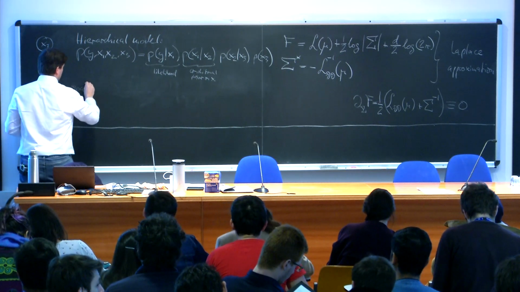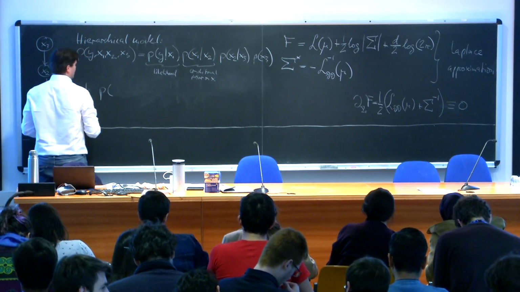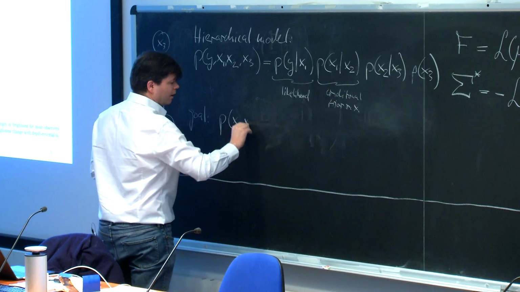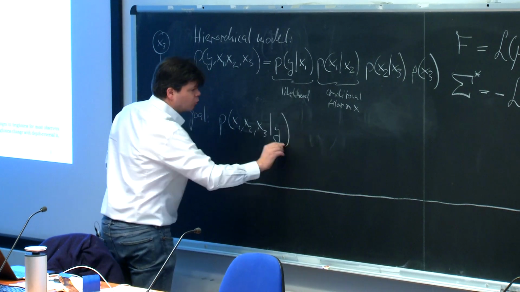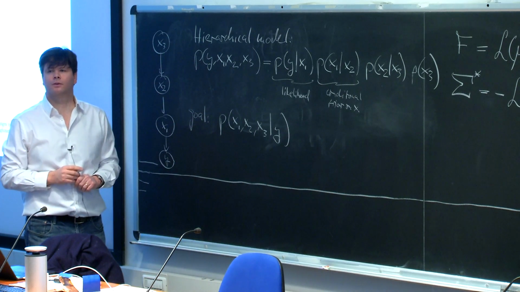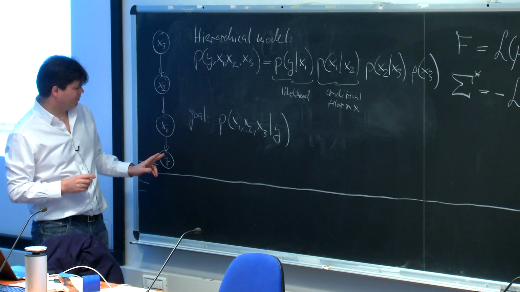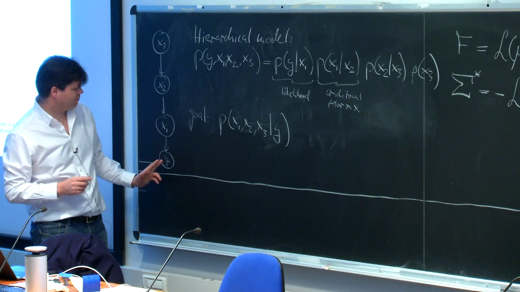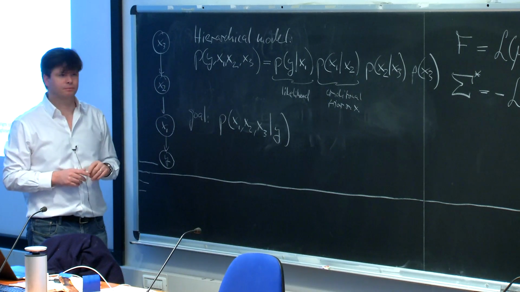So the goal is to calculate the probability of x1, x2, and x3 given y. So that's what the brain does. And the way we can describe this is by doing updates of x1 based on y, x2 based on x1, and so on and so on.